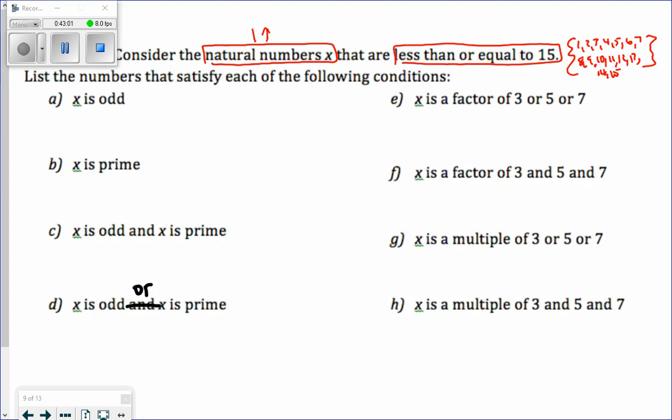Okay. So 1 to 15. From that list, which are odd?